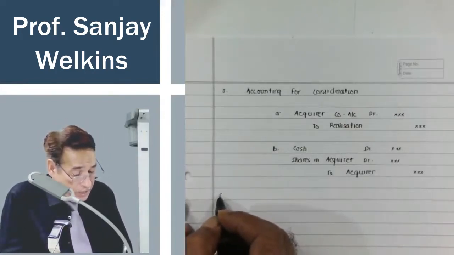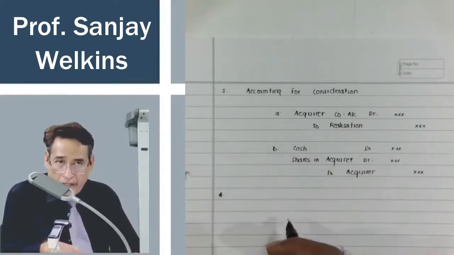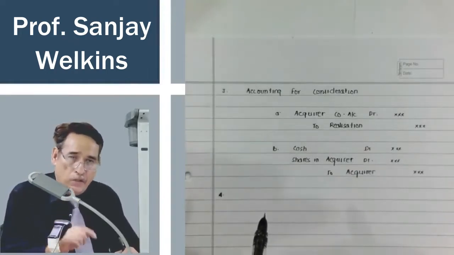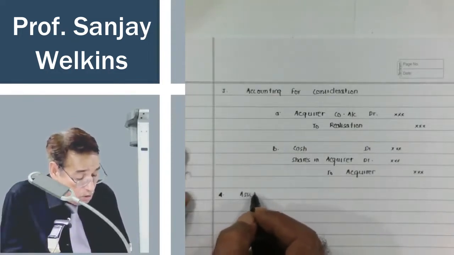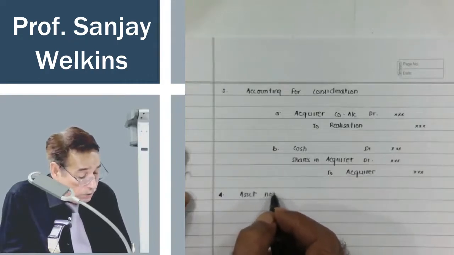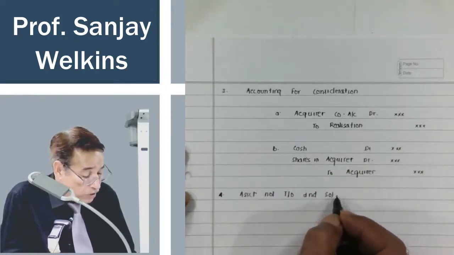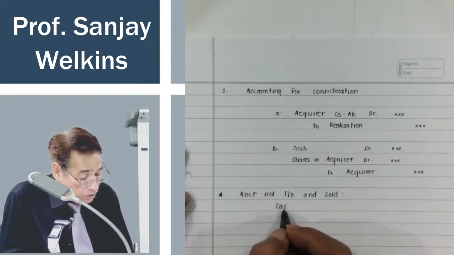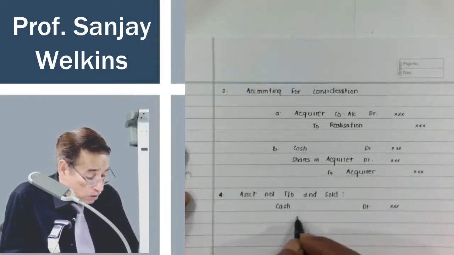Now the next point is that you have to look carefully whether there is any asset which hasn't been taken over by purchasing unit, and whether you have sold that asset. So if there is any asset not taken over by purchasing company and you have sold it, then you are going to pass a simple entry, cash account debit to realization account.